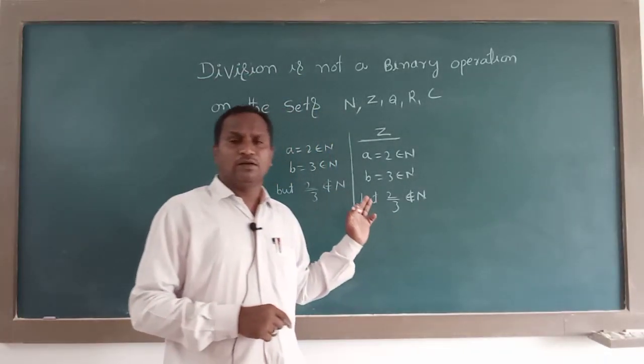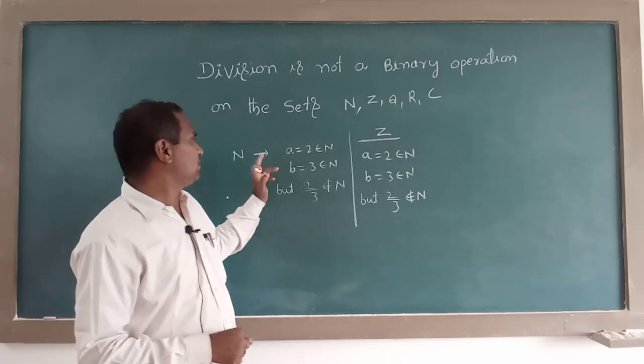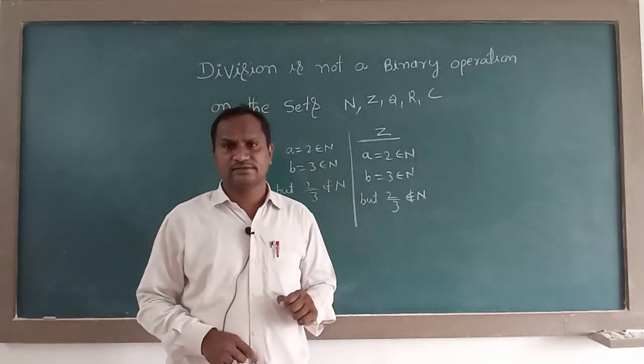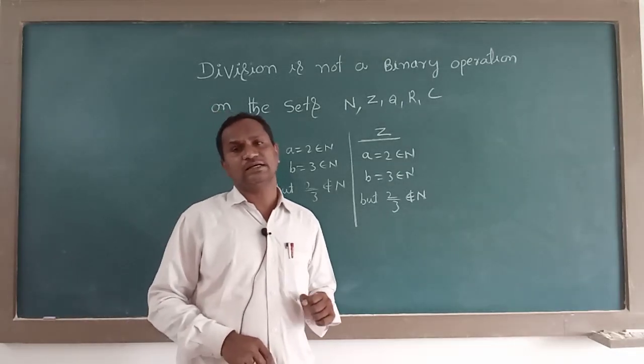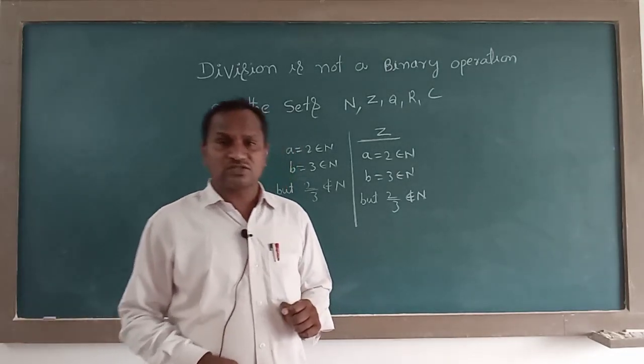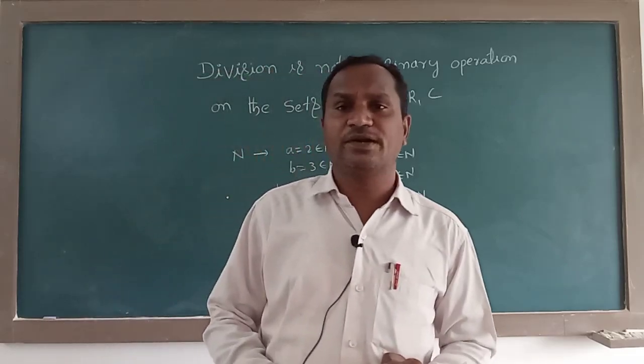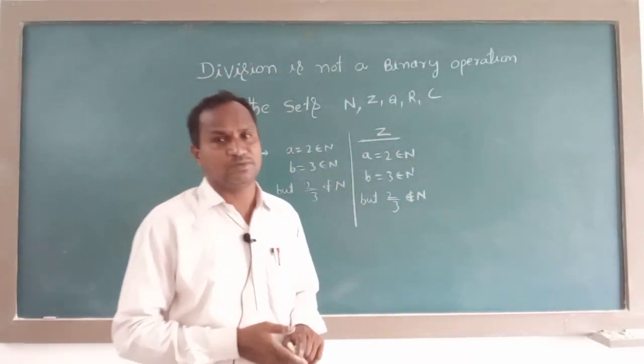Through one example, division is not a binary operation on sets N and Z. But in the remaining three sets also, Q, R and C, division is not a binary operation. How? I am telling about that.